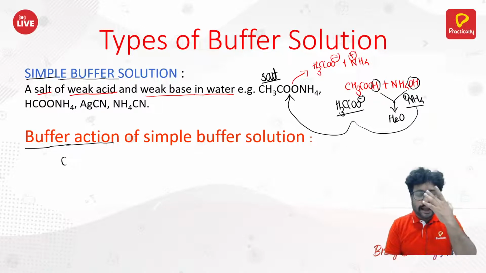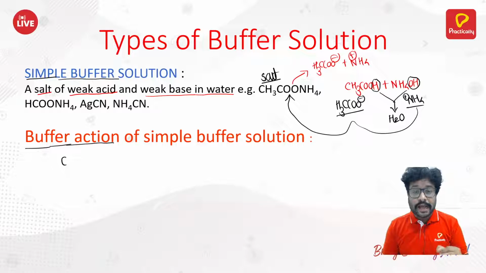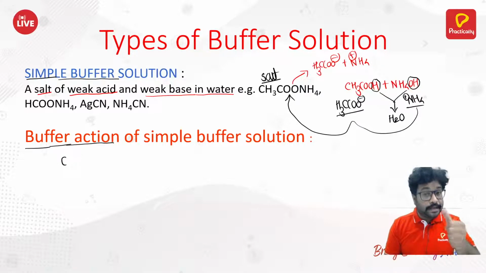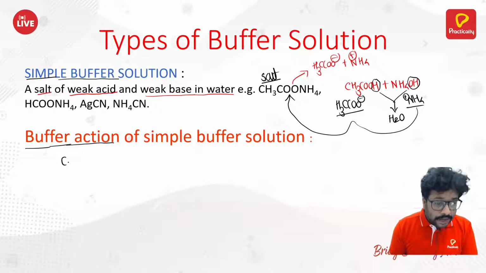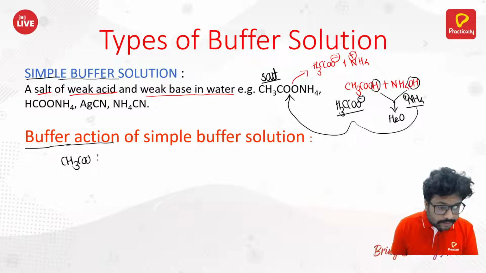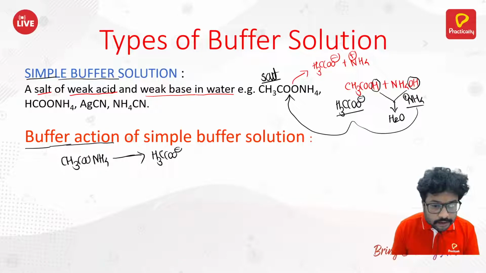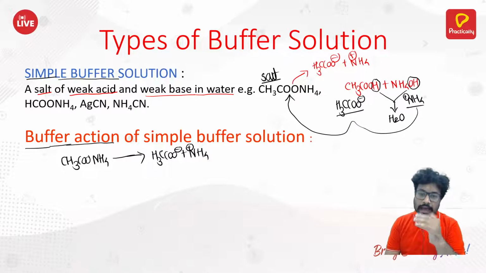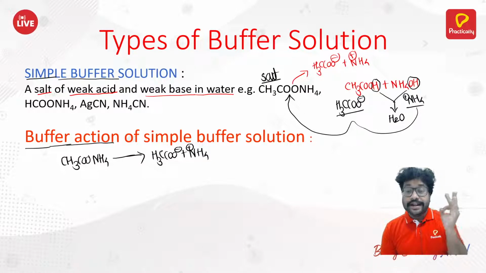If it's a salt, it will dissociate in water completely. So we are taking ammonium acetate. How would it dissociate in water? It would give you CH3COO minus plus NH4 plus. These are the ions which it gives on dissociation.